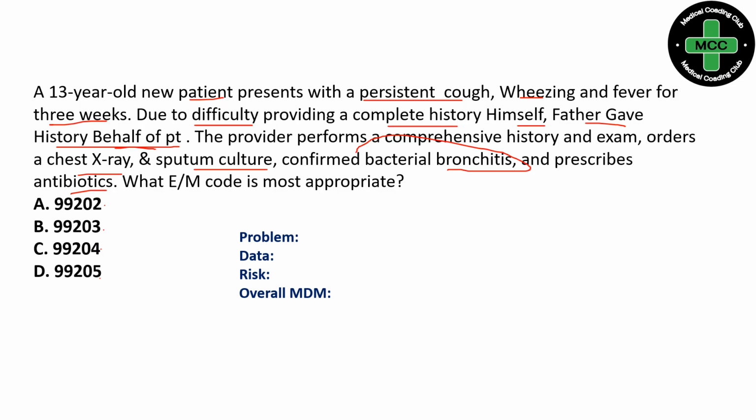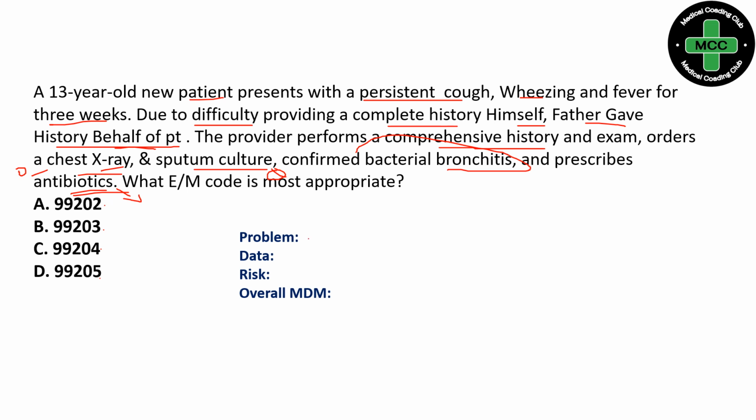And after that, the provider performs comprehensive history and exam, orders chest x-ray, you are getting 1 point here. And sputum culture, this is again a lab, 1 point. So finally he confirmed it as bacterial bronchitis, and prescribed antibiotics. So risk is Rx management.